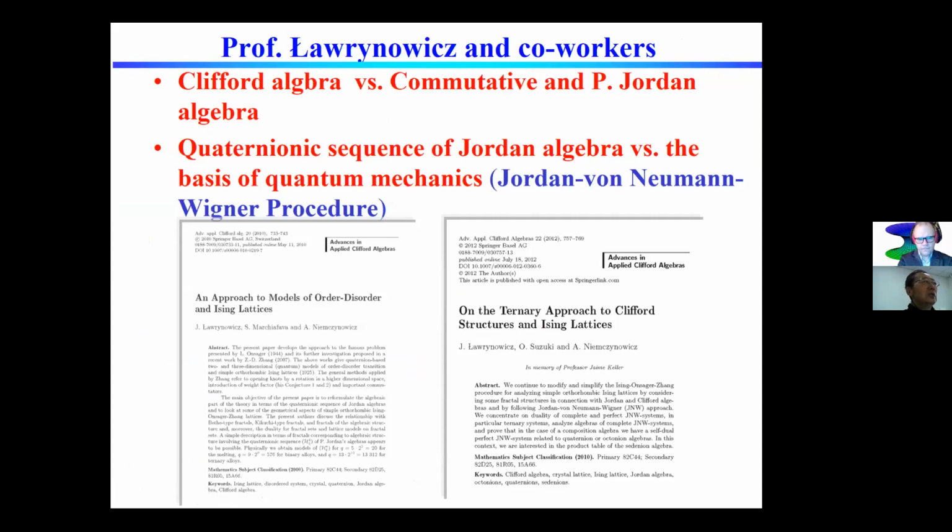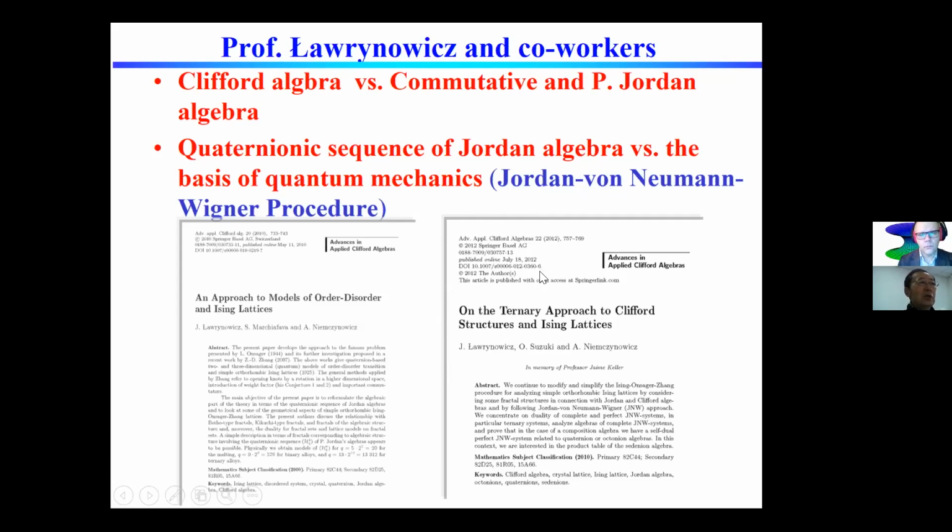They introduced Clifford algebra, commutativity, and Jordan algebra. They also discussed the quaternion sequence of Jordan algebra and talked about the basis of quantum mechanics within the Jordan-von Neumann-Wigner procedure. It's a very important idea for me. And before, I actually did not know Jordan algebra.